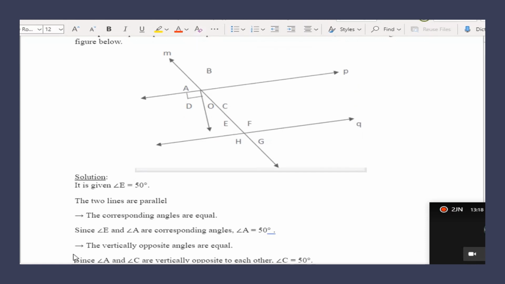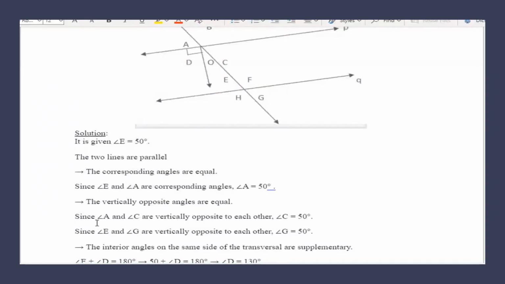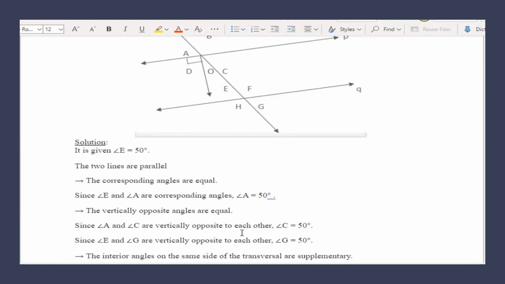Then it says the vertically opposite angles. Since A and C are vertically opposite, each of them will be 50. So since A is 50, C is 50. Then we said since angle A and angle C are vertically opposite, each of them is 50 degrees.